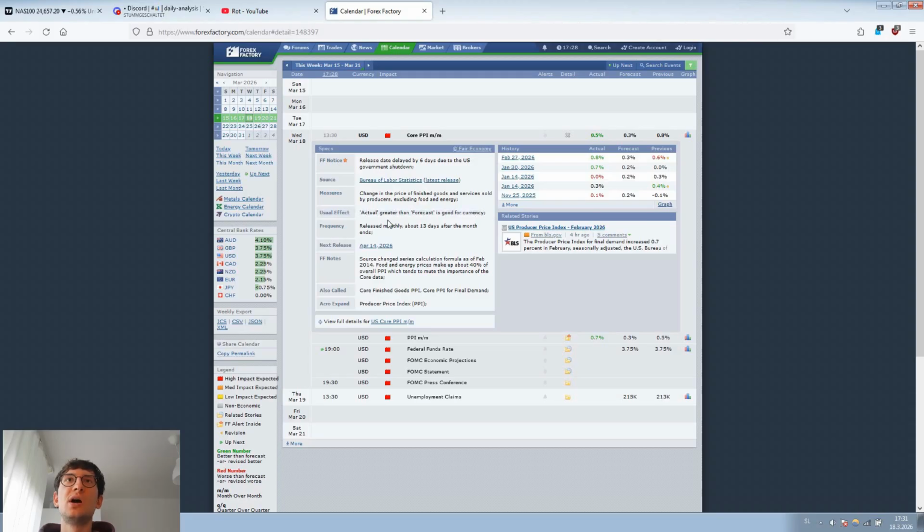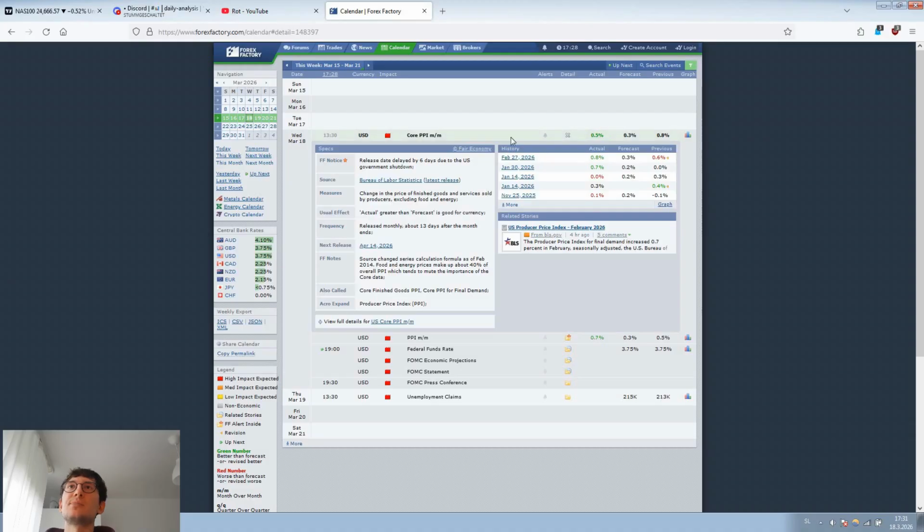It tells you that whenever you have numbers, for example, you compare the actual number which is being reported on this particular day with the forecasted number, okay? Just like it tells you over here, usual effect. Whenever the actual number is greater than forecast, this is good for currency, okay?